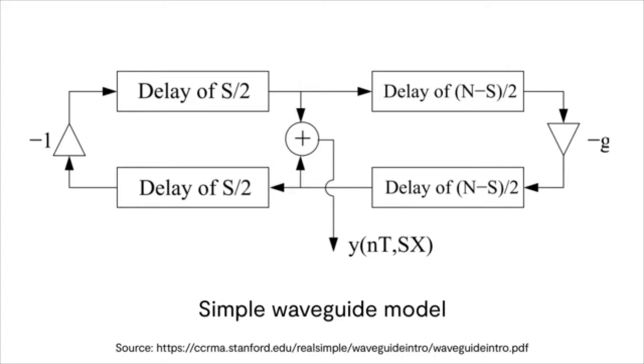And so the first thing that we need to ask here is, what is a waveguide? So a waveguide is just a structure that guides waves. That's it. And in any medium that you might use, whether it's a string, a plate, or a tube or whatever, the medium that you're using to drive the wave is going to have an impact on the time it takes for the wave to go from point A to point B. And depending on the material, it might go faster or slower.